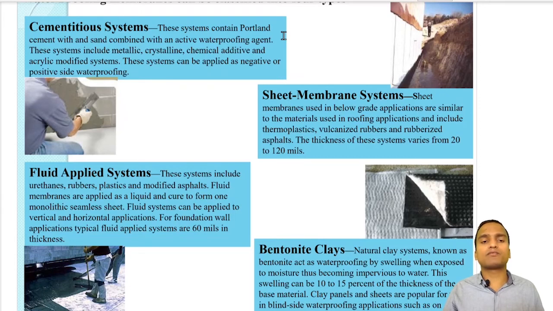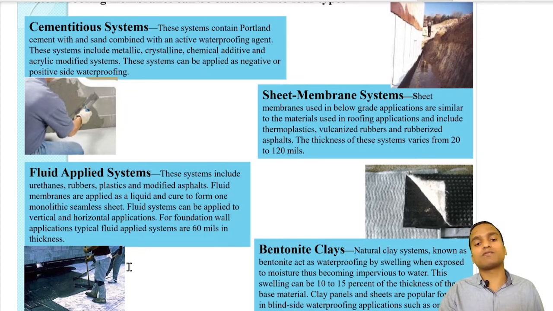Next type of waterproofing membrane is the fluid applied systems. Now this is the figure of fluid applied systems of waterproofing membrane, and in these systems we include urethanes, rubbers, plastics, and modified asphalts. So fluid membranes are applied as a liquid, and we cure that fluid applied system to form one monolithic seamless sheet.